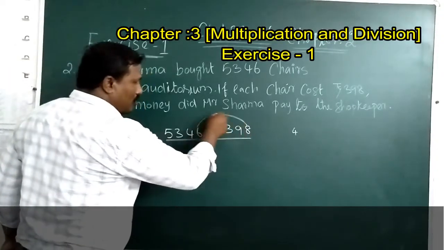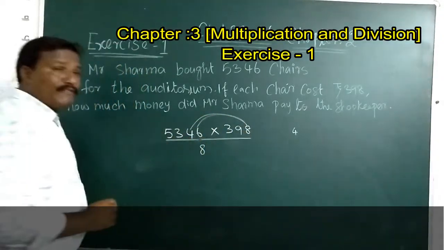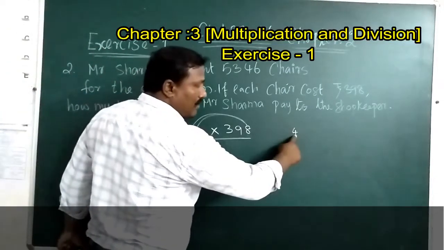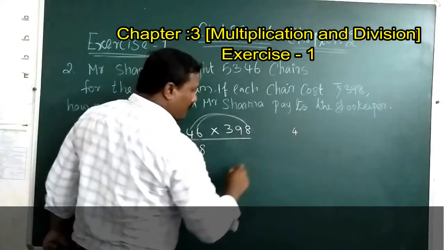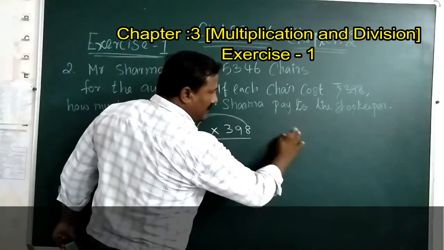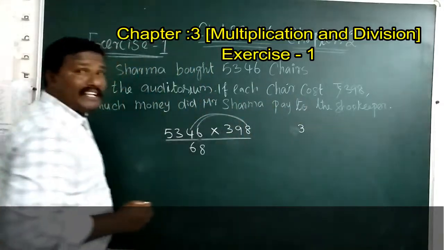Then again multiply 8 into 4, 8 4s are 32. 32 plus 4 is 36. So I put 6 here, and keep 3 as a remainder.